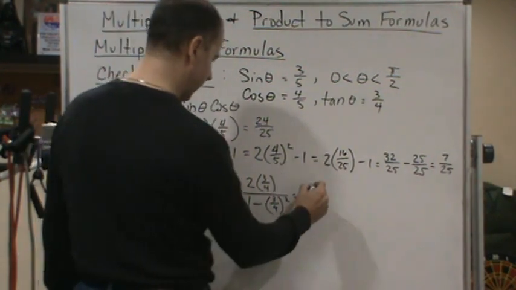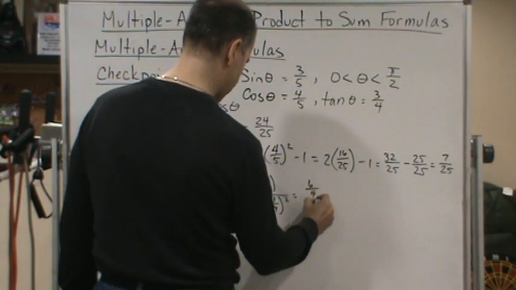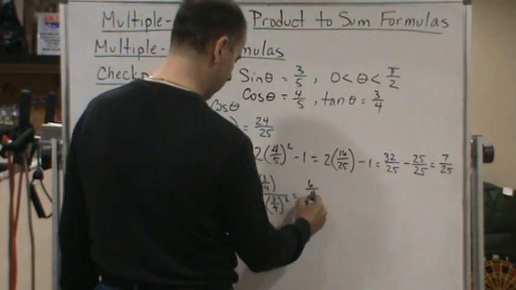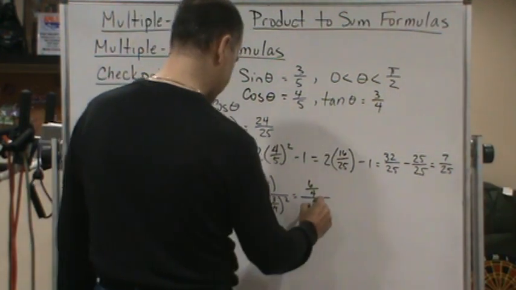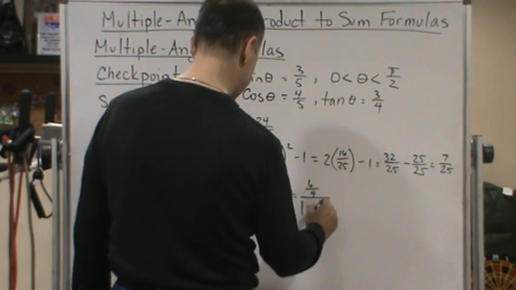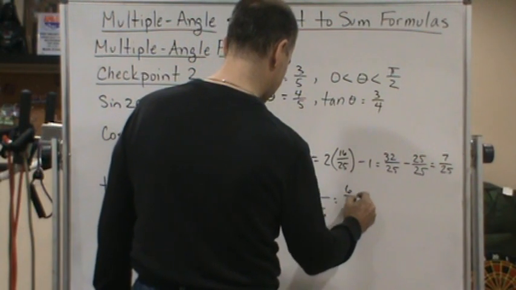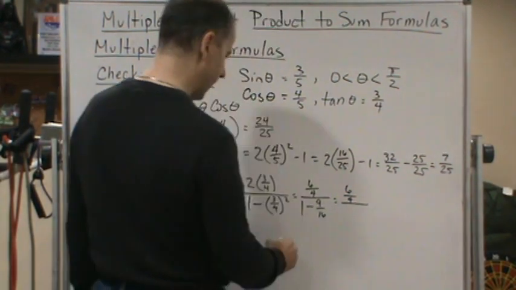And so this is going to end up being 6/4. We could simplify this too if you want, but let's just leave it this way. And this is going to be 1 minus 9/16, which is going to equal 6/4 divided by what?